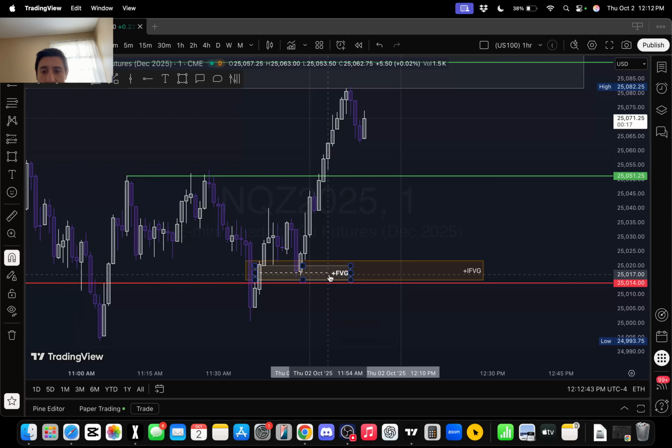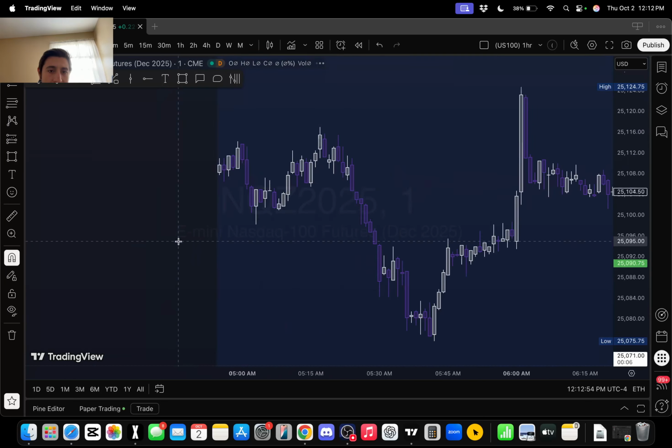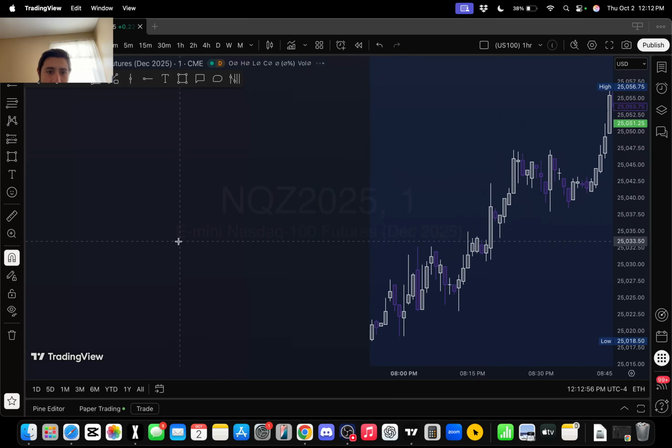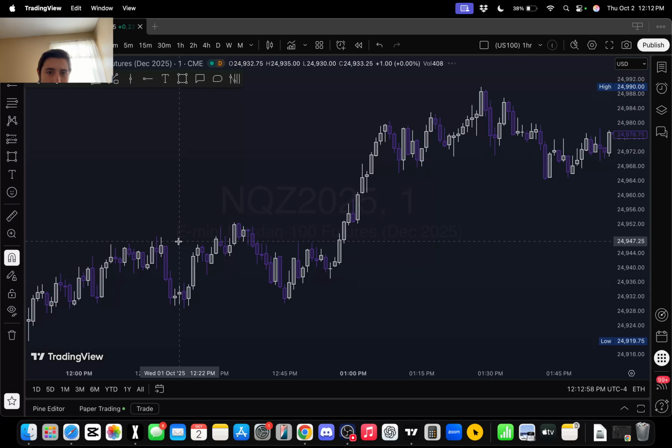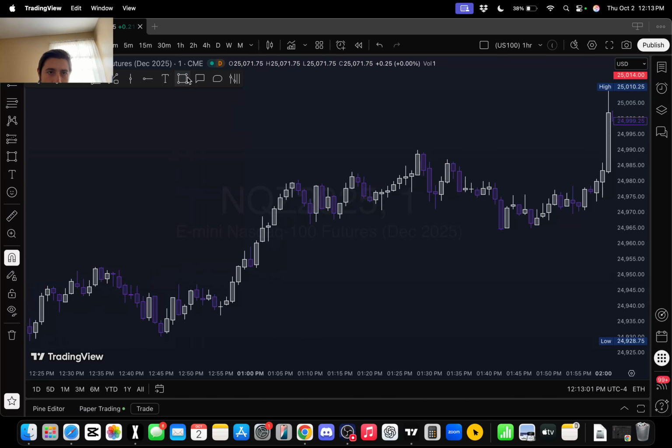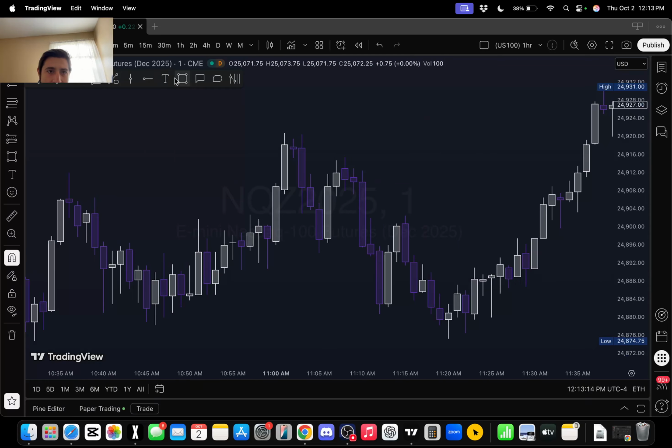But with that said, I want you to mark out strictly just fair value gaps where it looks like this on this basis. I'll give you a couple examples now. Fair value gap where it's like this, where it looks like this. You could do the same for the downside if you want.